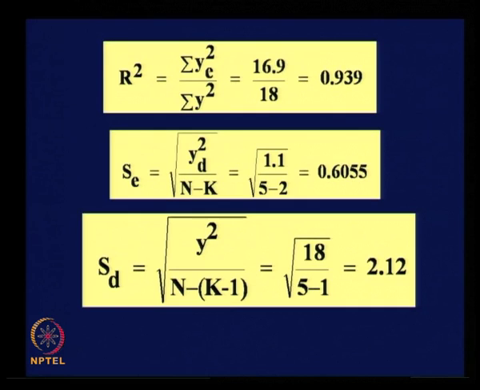That is how we understand standard deviation, right. And the standard error of estimate is nothing but again this scatter of the observations with respect to the regression line instead of the mean line. That is how we understand yd, deviation of the observations with respect to the regression line, isn't it.